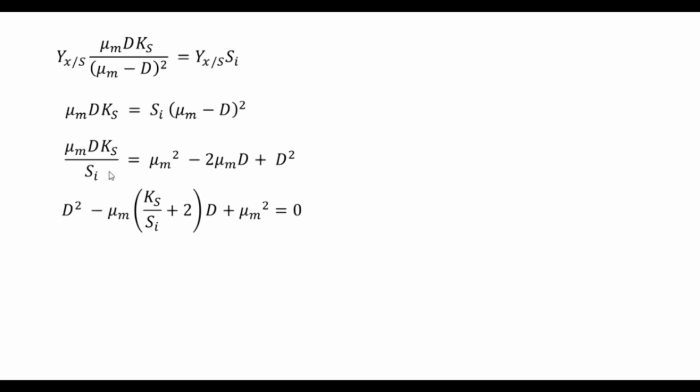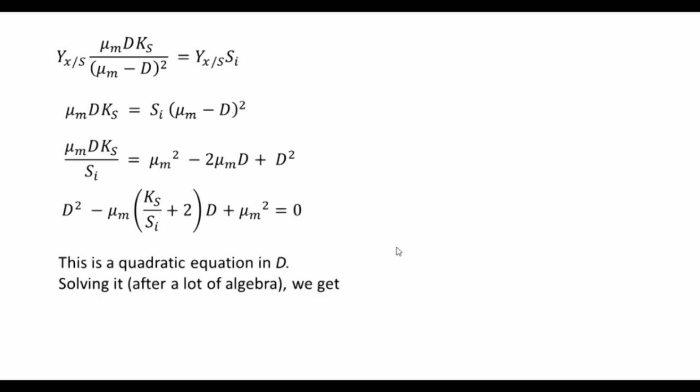I am trying to write this in terms of an explicit quadratic expression in D. Therefore, D squared, bringing this term to this side, minus 2 mu m times Ks by Si plus 1, you have a minus here, so that takes care of it, plus mu m squared equals 0. And if you solve this algebraic quadratic equation, it will involve a lot of algebra.